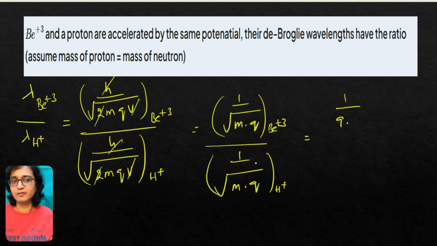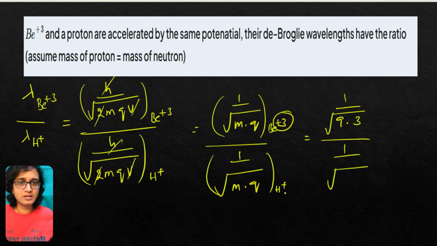See the first video. In the first video we discussed elaborately how to remember the first 30 elements' atomic mass units. So beryllium and nitrogen, these two are exceptions. Remember this. Next, q, charge plus 3, divided by mass of hydrogen 1 and charge on hydrogen 1. So that is 1 by 3 root 3, this will be the answer.